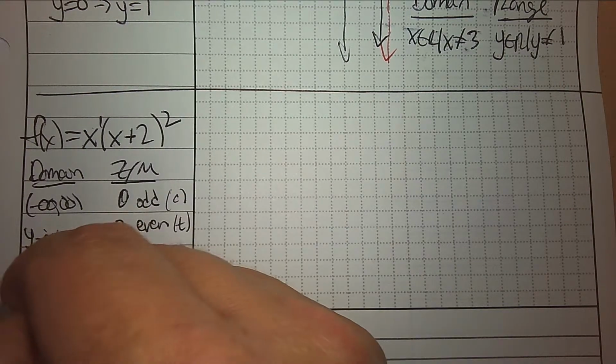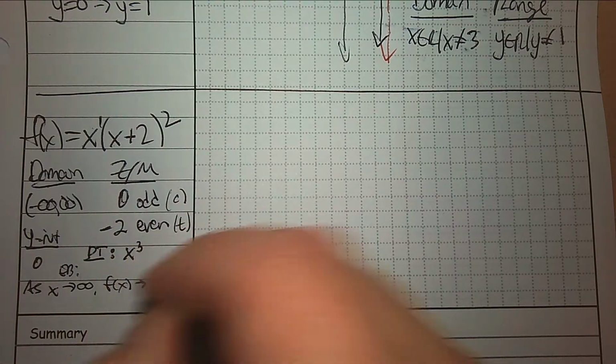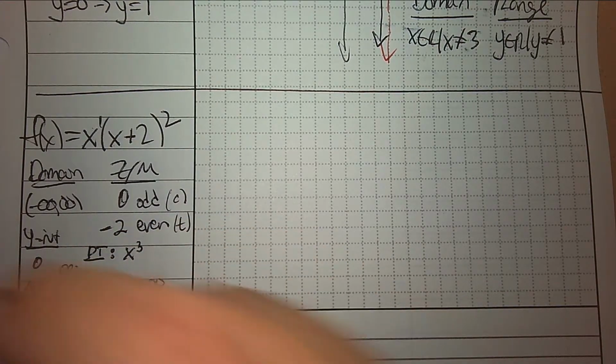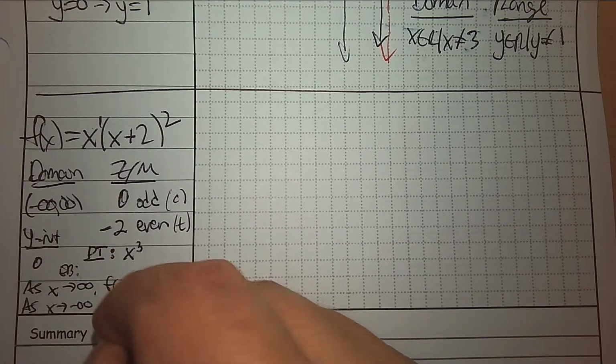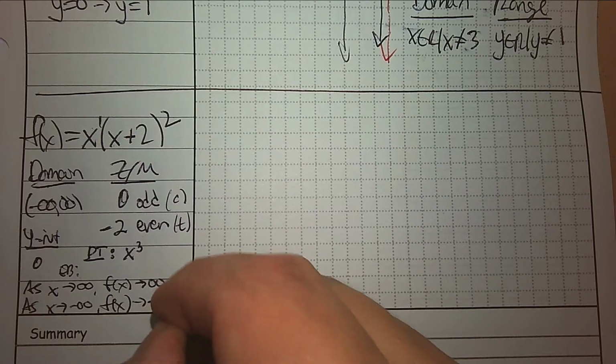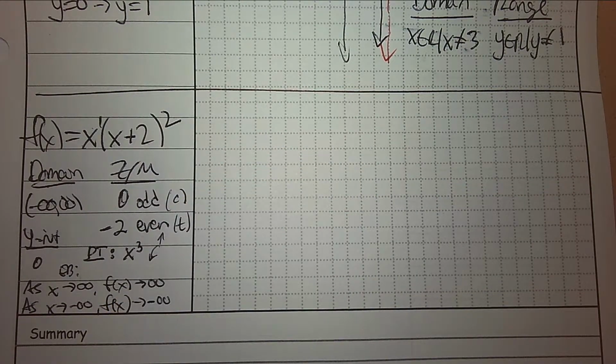So as x approaches infinity, what does f of x approach? As x approaches negative infinity, what does f of x approach? That means the right end goes up and the left end goes down.